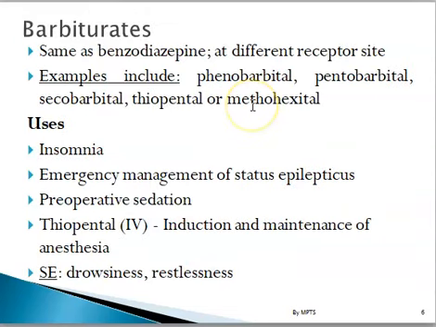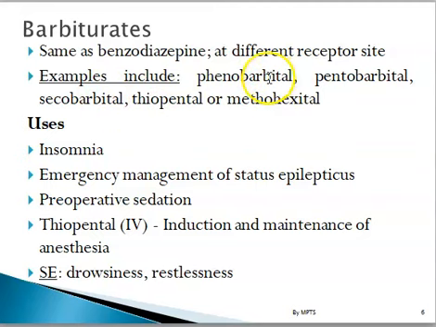Let's look at barbiturates. The mechanism is the same as that of benzodiazepines, except that they bind to a different receptor site.